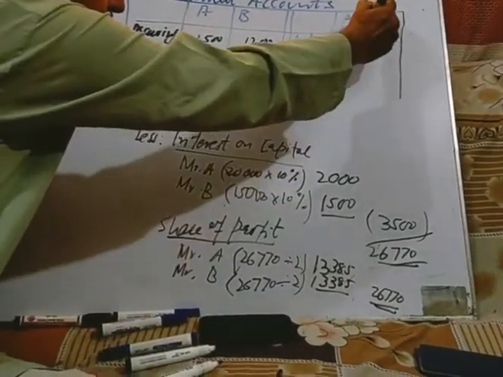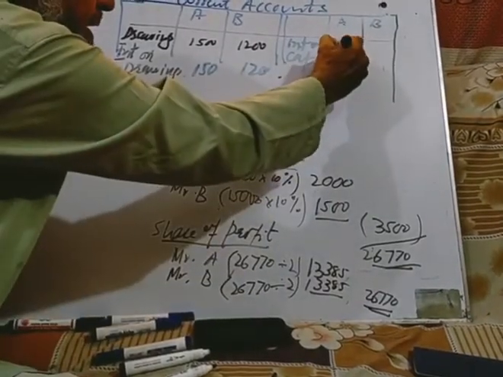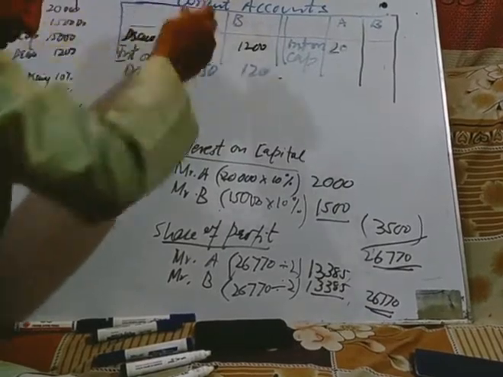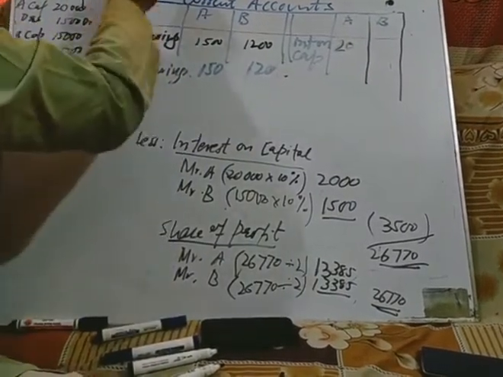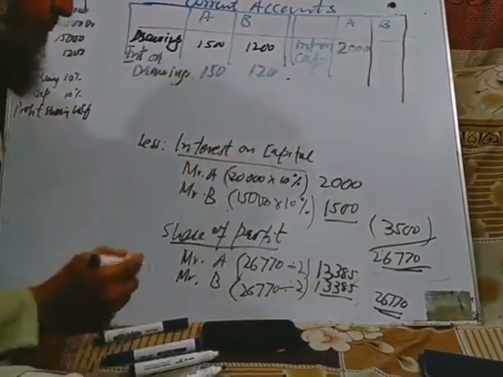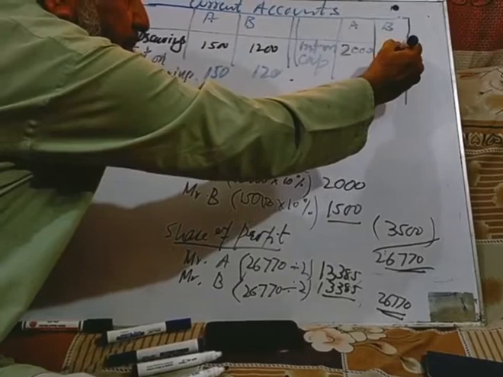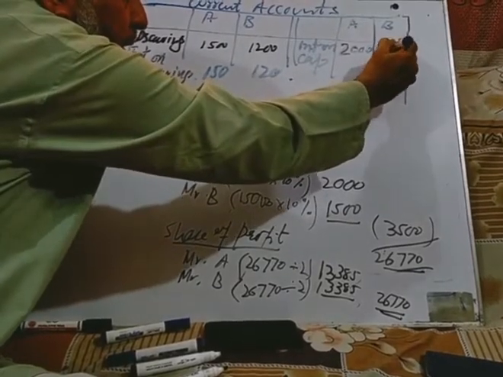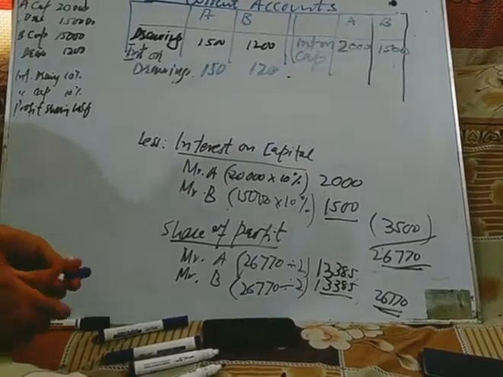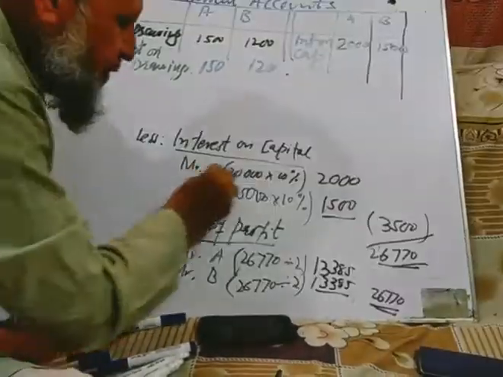Mr. A was given 2000 rupees and Mr. B was given 1500. So this is also transferred, and again I erase this one from here.